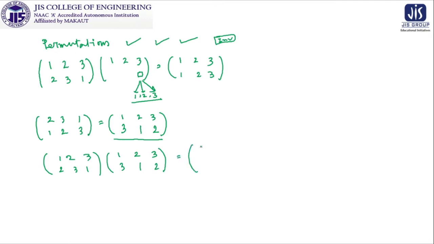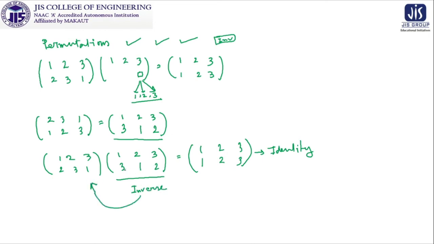So if we operate, what are we getting? 1 goes to 3, 3 goes to 1, so it will be 1. 2 goes to 1, 1 goes to 2, so it will be 2. And 3 goes to 2, 2 goes to 3, it will be 3. And we are getting our identity permutation. That means this is the inverse of this one.